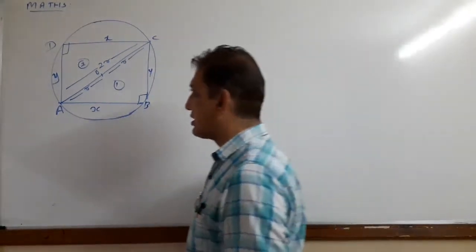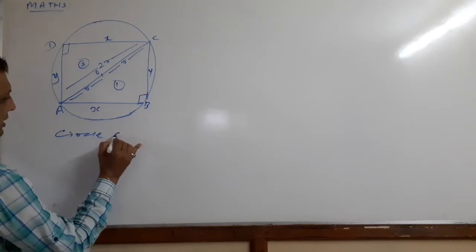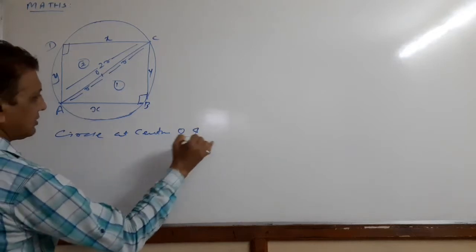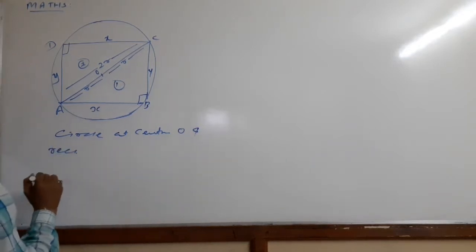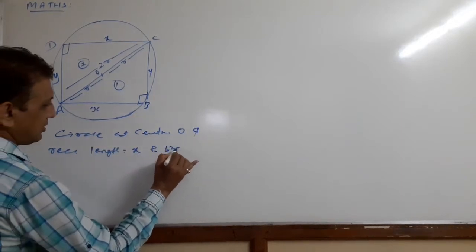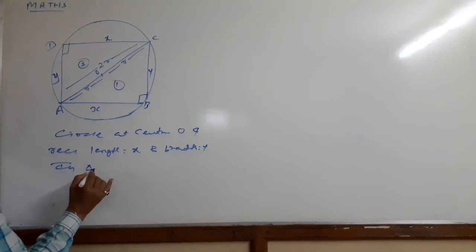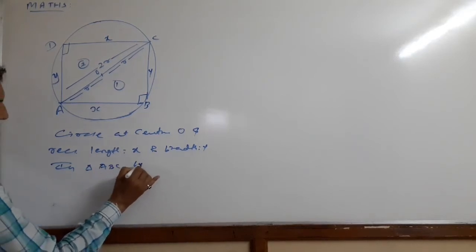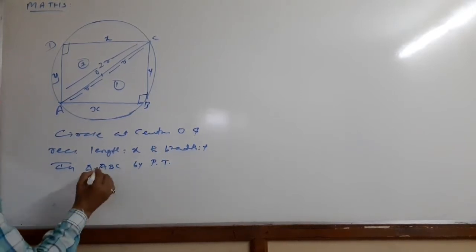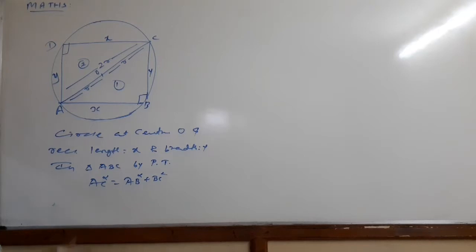You can apply the Pythagoras theorem first. The circle has center O and the rectangle has length equal to X and breadth equal to Y. So in right angle triangle ABC, by Pythagoras theorem, AC square equal to AB square plus BC square.